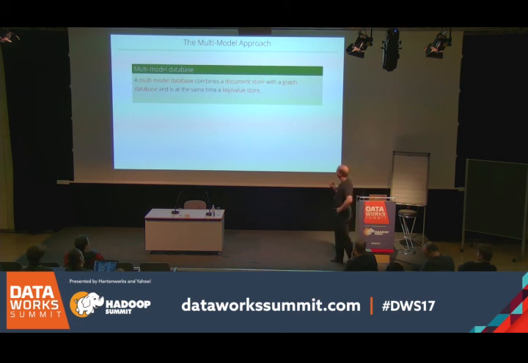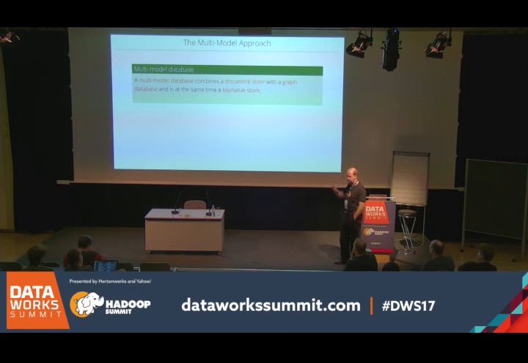By which I mean a data store that is at the same time a document store, JSON document store, a graph database, and a key value store. And I have not much time today, but the crucial combination of these three data models is that they fit well together.